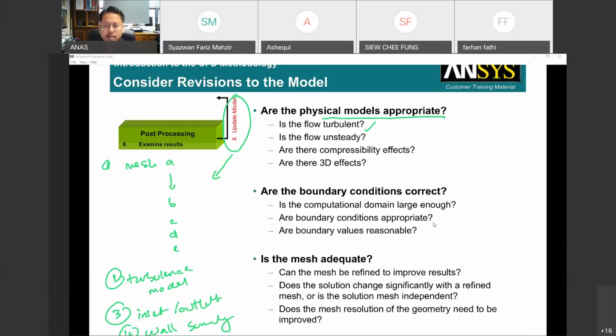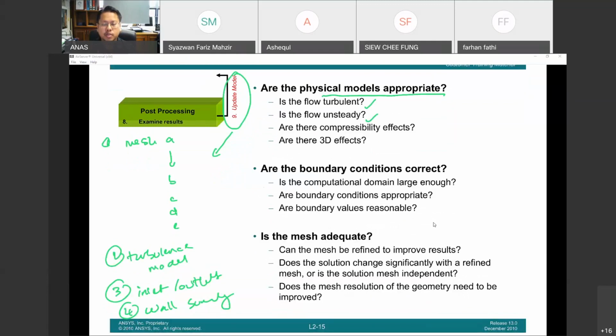Is it unsteady? This is based on the inlet value, the wall conditions, and the properties of the domain. If you expect the velocity to be in a certain turbulence region, does it exhibit the turbulence? If not, you need to go back.